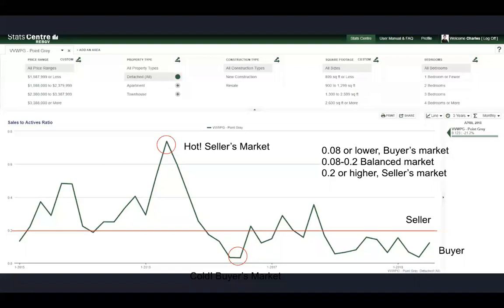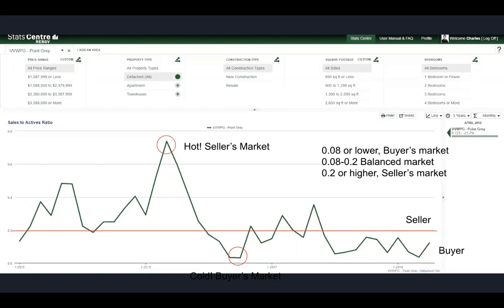hot markets. This is the sales to active ratio. Normally between 0.08 and 0.2 is called a balanced market. 0.2 or higher is a seller's market. Below 0.08 is a buyer's market.